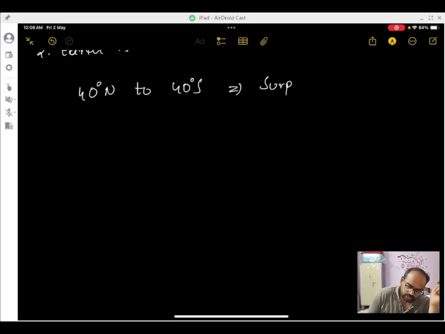That is, in the equatorial and tropical regions combined, there will be a surplus of heat, and beyond 40 degrees, that is from 45 to 90 in the northern hemisphere and 45 to 90 in the southern hemisphere, there would be a deficit of heat because the angle made by sun's rays decreases, as the sun's rays fall slantingly on higher latitudes due to the shape and tilt of the earth.